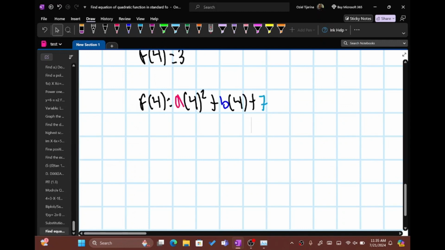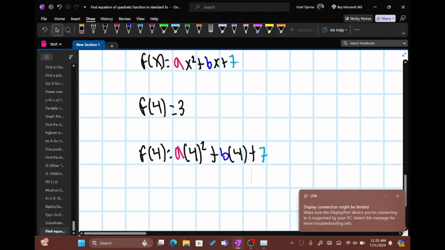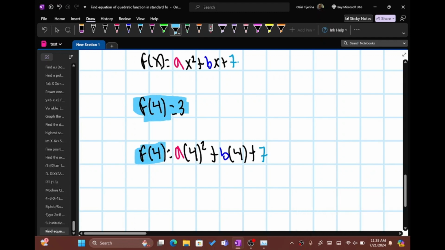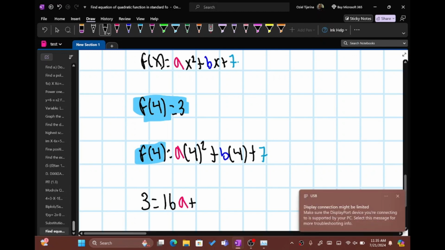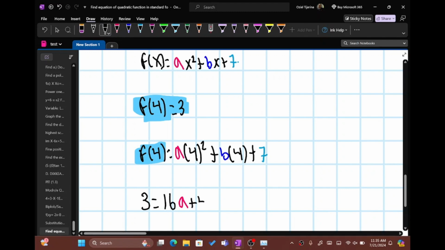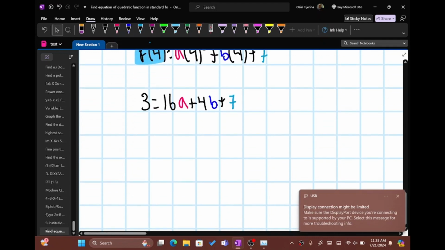Now all we have to do is simplify. f(4) is 3, so we put that in: 3 equals a times 4², so 16a, plus 4b, plus 7.